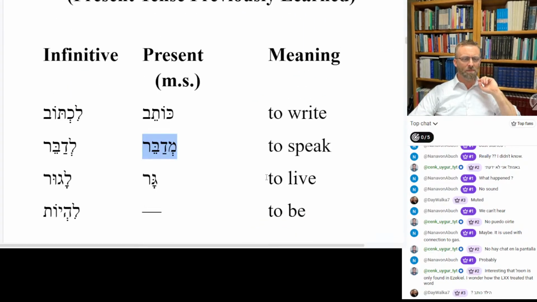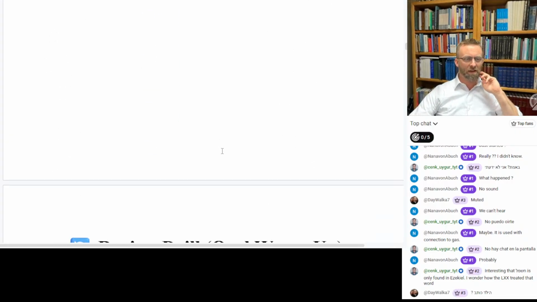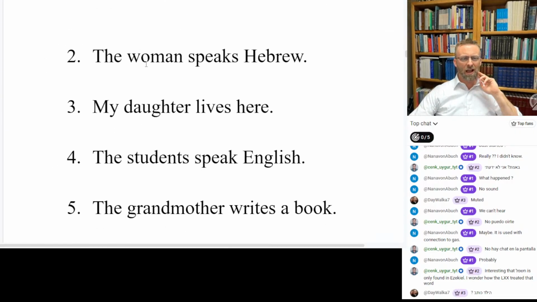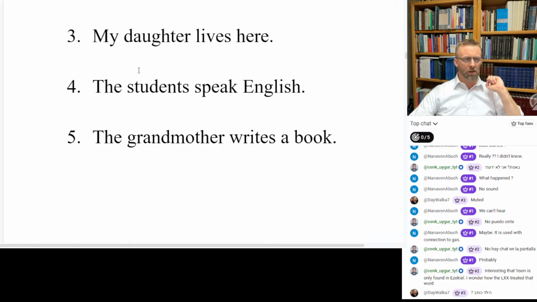Midaber is the masculine singular, but to make it feminine singular, it's midaberet. It has a tav at the end to make it feminine. So, haisha midaberet ivrit.